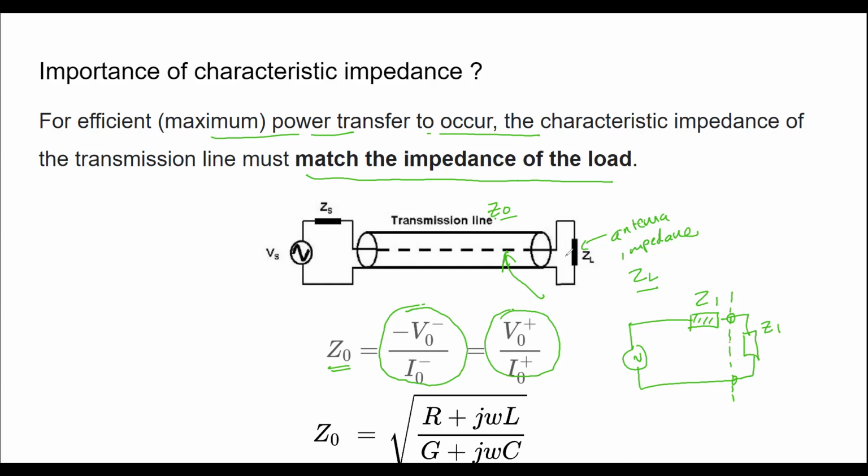So in order for that to happen, we need to design our system such that Z naught is almost equal to ZL, and that these two impedances are equal or matched, right?